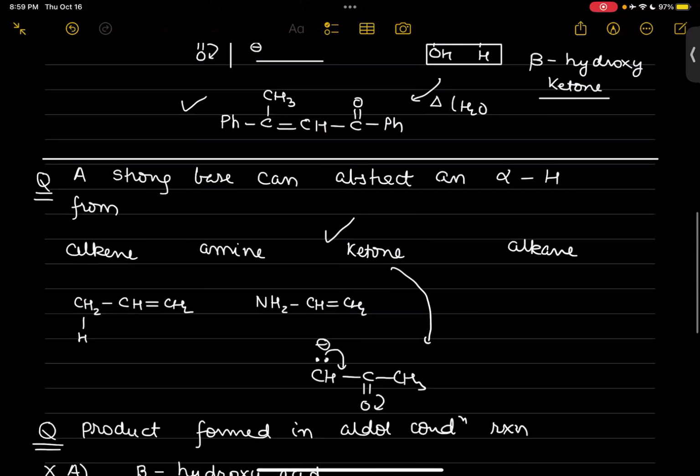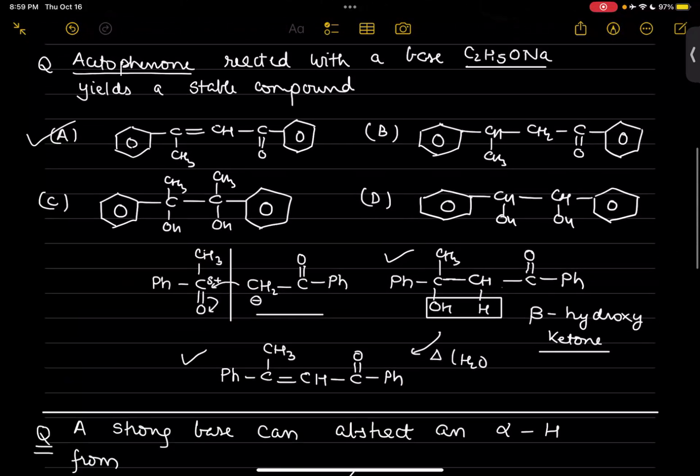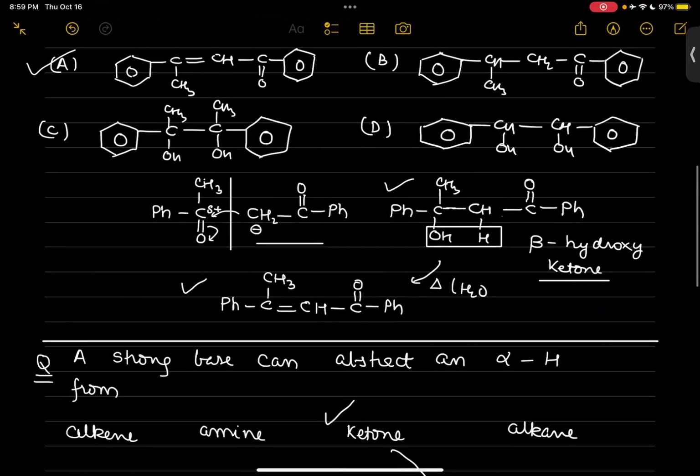Because it is given by aldehydes and ketones. Got it? So here you can see that once the two aldehydes combine together, the alpha carbon of one aldehyde combines with the C double bond O of another aldehyde, or the alpha carbon of a ketone combines with the CO of another ketone, and the CO changes to OH.